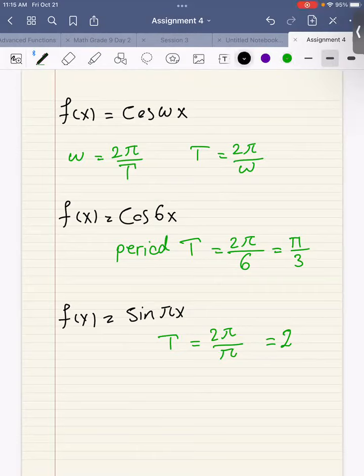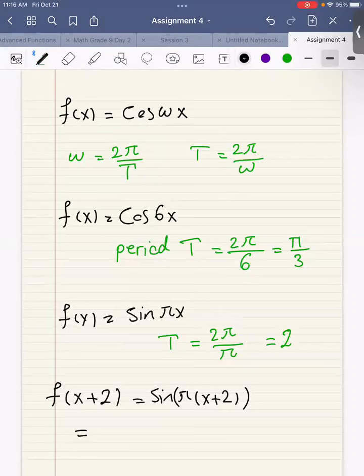And the reason is, let's look at this function closely. If you put f of x plus 2, it is equal to sine of pi times (x plus 2), which is equal to sine of (pi x plus 2 pi).